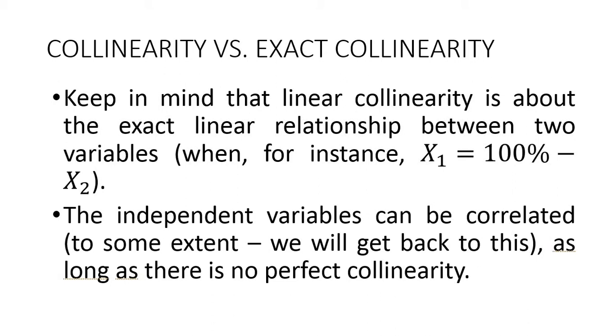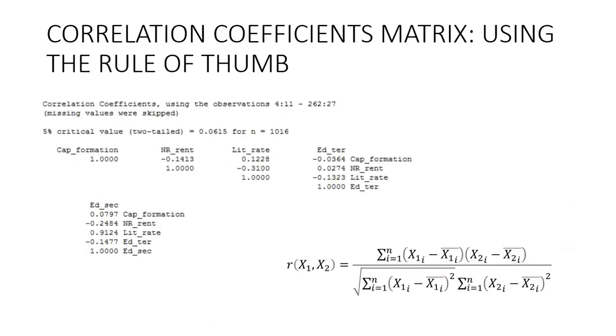However, the independent variables can be correlated, of course, only up to some extent, as long as there is no perfect collinearity. I will get back to this in a second. For instance, in GRETL, you can check collinearity by designing correlation coefficients matrix, but in this case, you just use some kind of the rule of thumb.